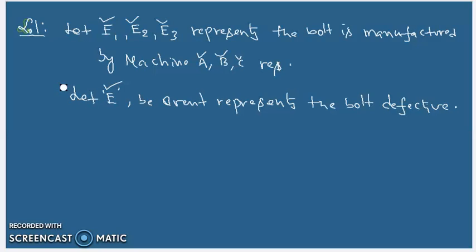So from the given problem, we are going to write like this: P of E1. What is the probability of the bolts manufactured by machine A?